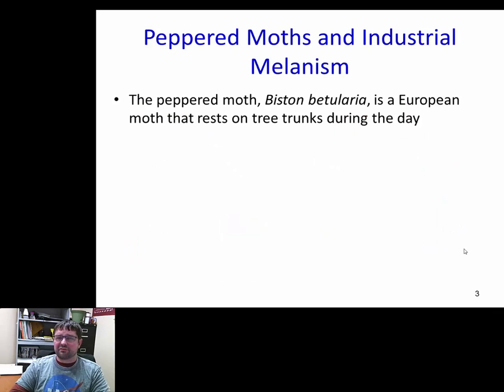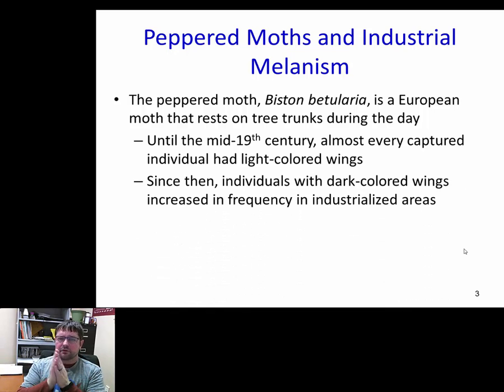One of the most classic examples of evolution is the peppered moth, or Biston betularia. And this research was done in Europe. These moths come in two main varieties. Either they're kind of a white with little black specks, or they're black with kind of brown specks. And when we examined peppered moths prior to the mid-19th century, almost all the individuals that you would see would be white or light in color.